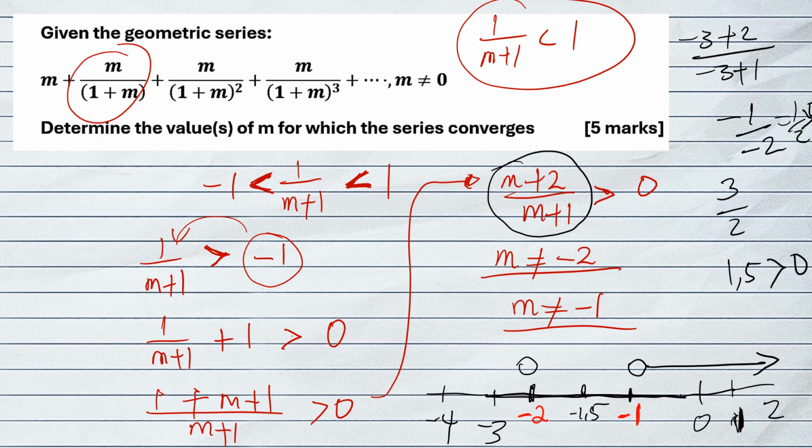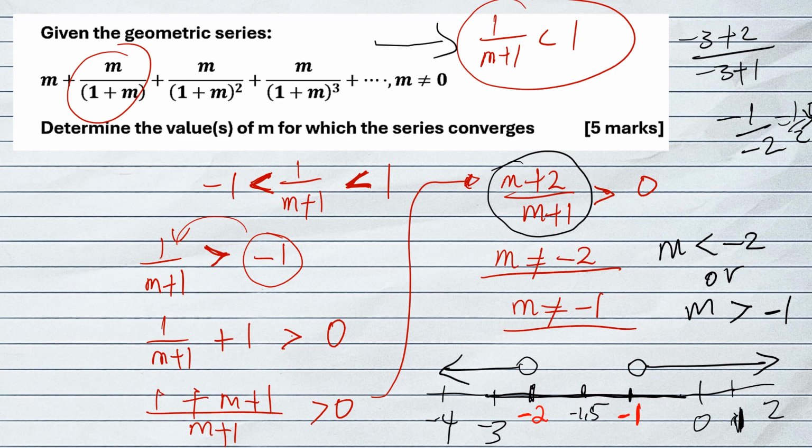Obviously with -4 it will always be negative over negative, which will be positive. So you can see for our expression, it's valid when m is less than -2 or m is greater than -1. Okay, so our expression becomes valid.